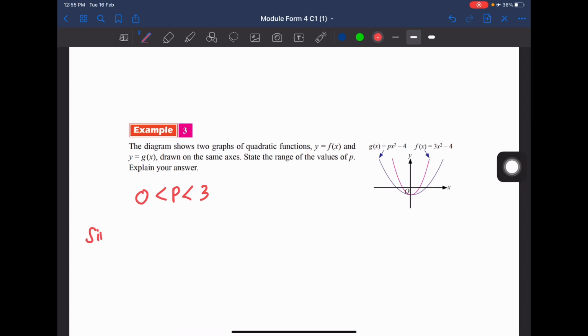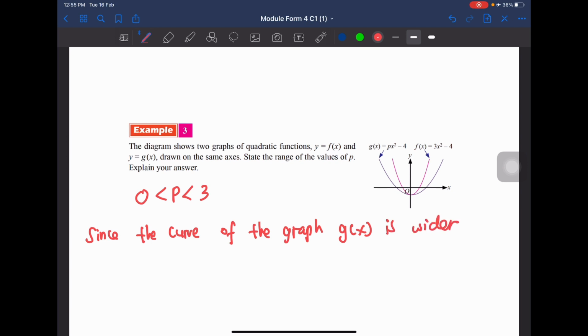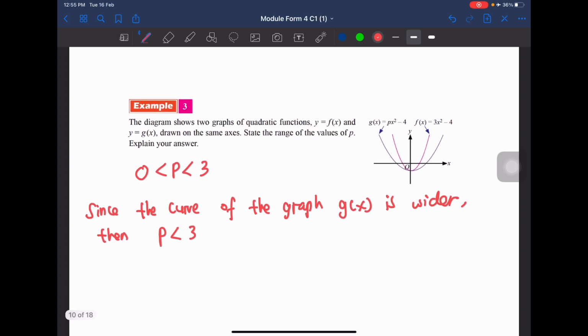Since the curve of the graph g(x) is wider, lebih lebar kan, lebih besar, then p mestilah lebih kecil daripada 3. Okay, p is less than 3. Next, for a graph with shape macam ni, senyum.